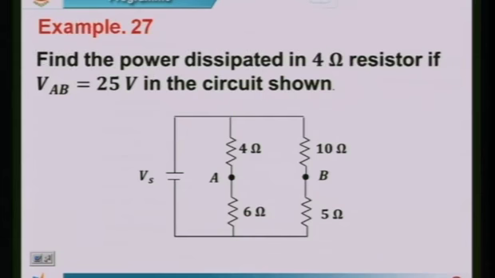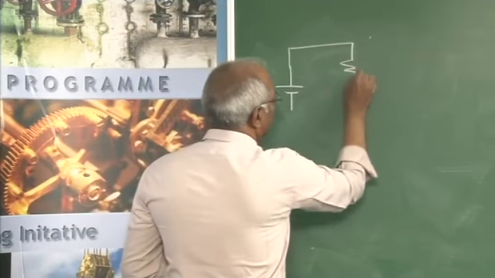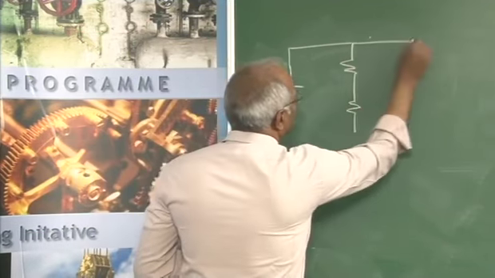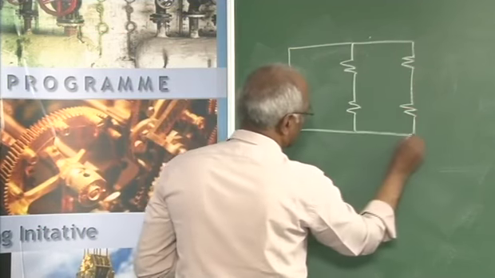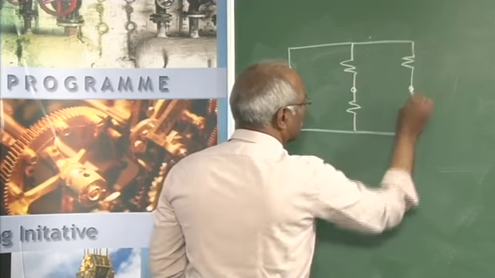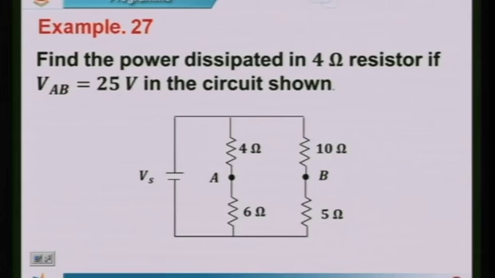Find the power dissipated in the 4 ohm resistor if VAB is equal to 25 volt in the circuit shown. This is the 4 ohm resistor.